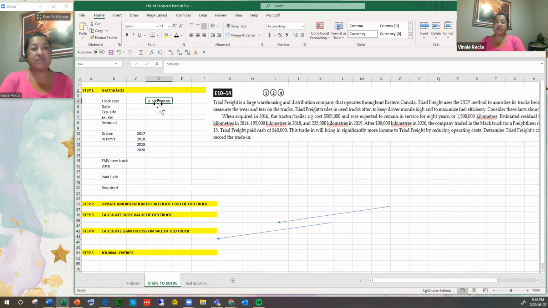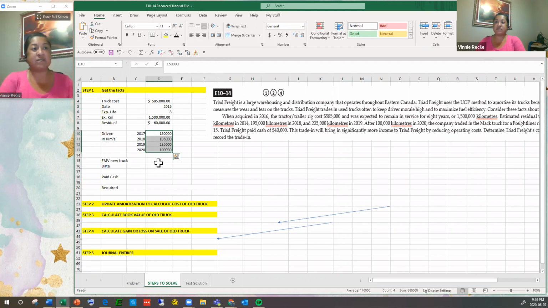So $585,000 is the cost. It was acquired 2016. Expected life, it tells you, of 8 years. Expected kilometers, it tells you 1.5 million, residual value $60,000, and then it gives you a series of these kilometers used by year or driven by year.